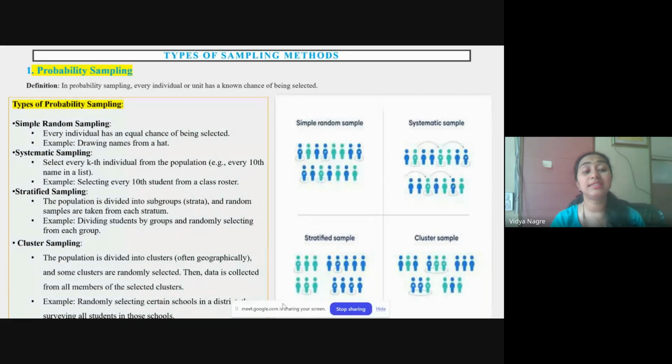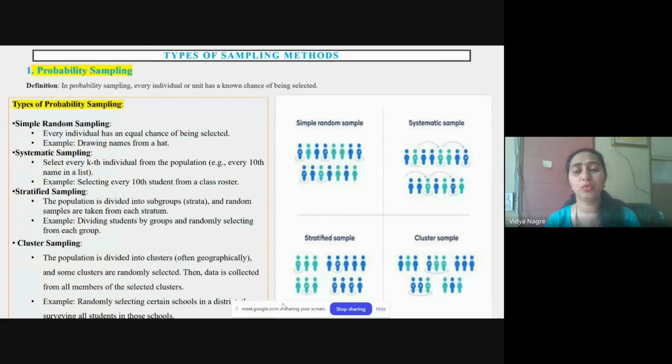Thereafter comes systematic sampling. Now, as shown in the second picture, systematic sampling does have a fixed number, which you will be choosing for your study. For example, let's say there are 100 students, and you have to check the same thing, like how is their study ratio.